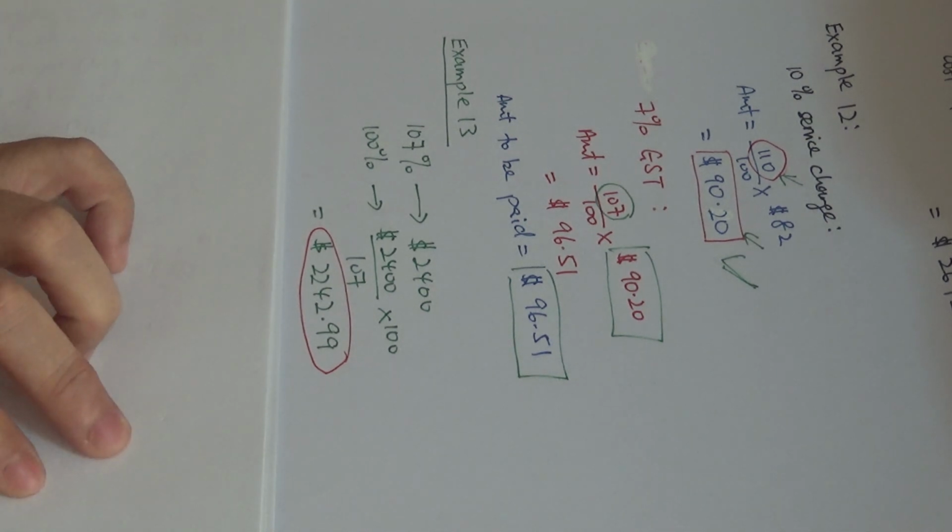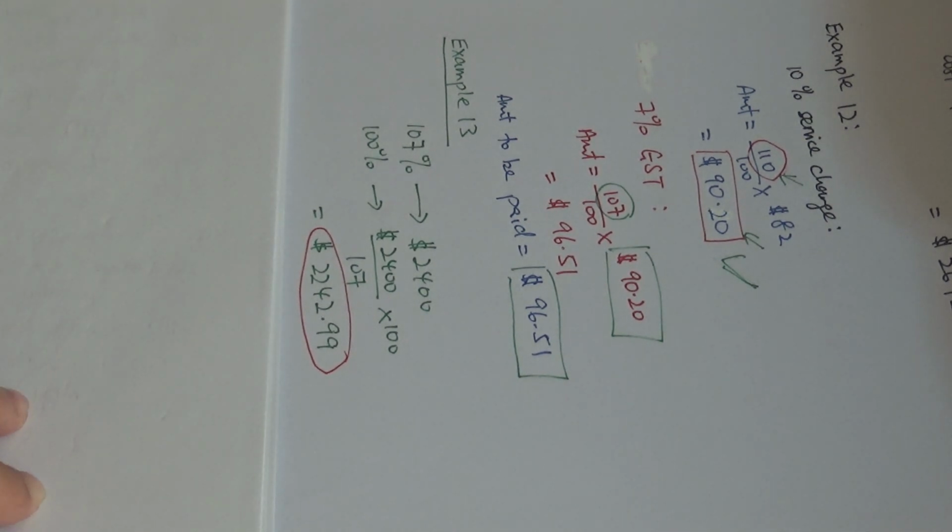Okay, so these three examples, example 11, 12 and 13, all give you the examples on GST, how it is calculated. Take note to tally the amount, whether the amount is before the GST or after the GST, because it makes a lot of difference.